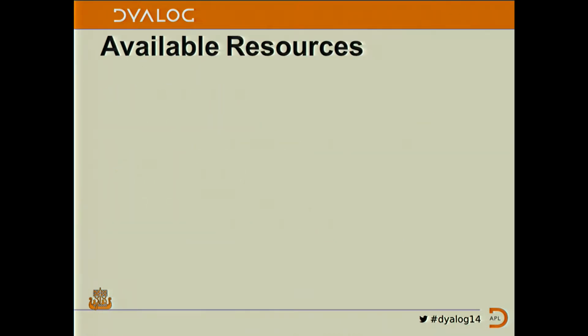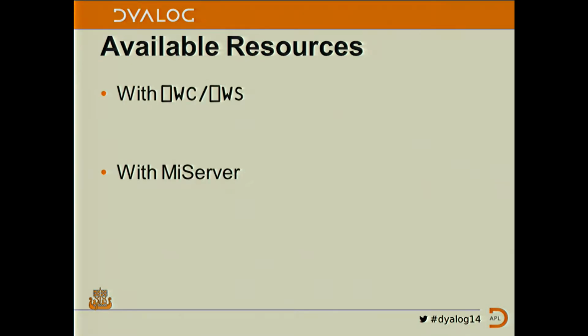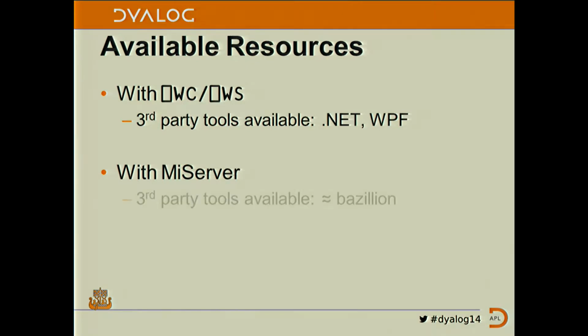In terms of available resources, with quad WC, quad WS, there are some third-party tools out there. As a matter of fact, with the object orientation that was overlaid on the GUI controls, you have access to all of the .NET controls and WPF for producing really rich user interfaces, and that's terrific. However, with MiServer, you have about a bazillion controls, and I'm rounding up to the nearest bazillion.